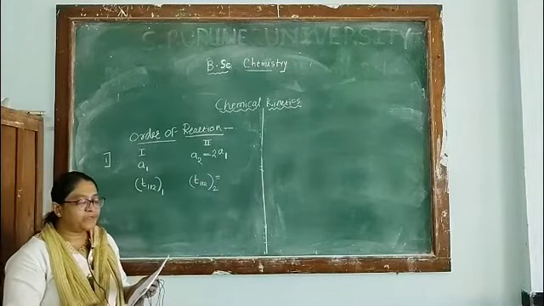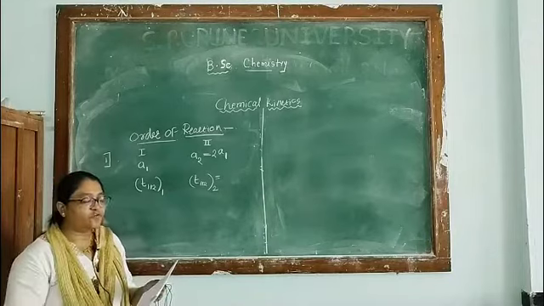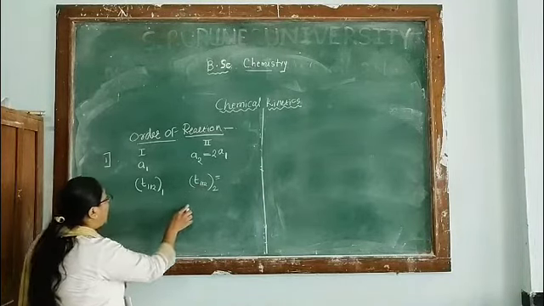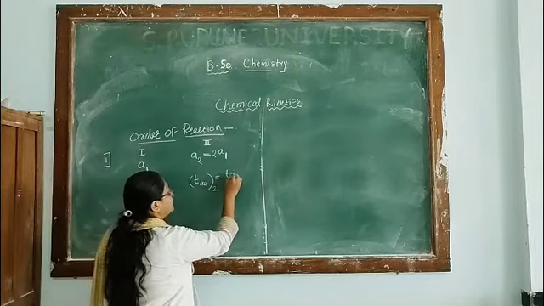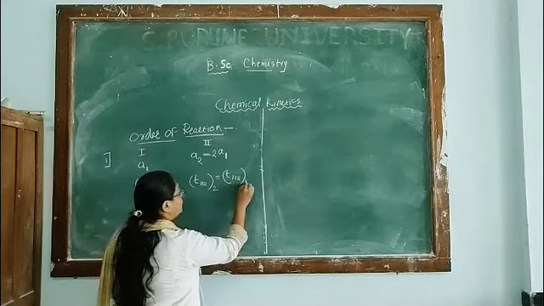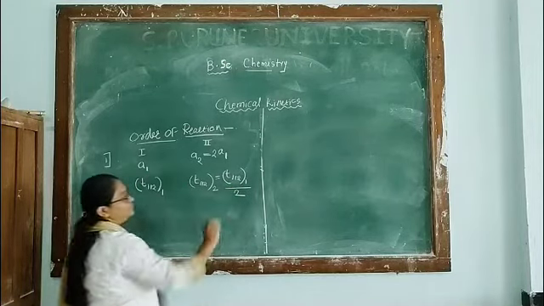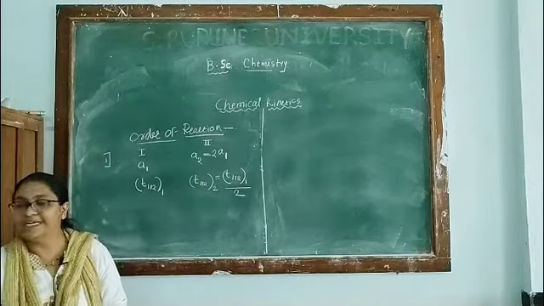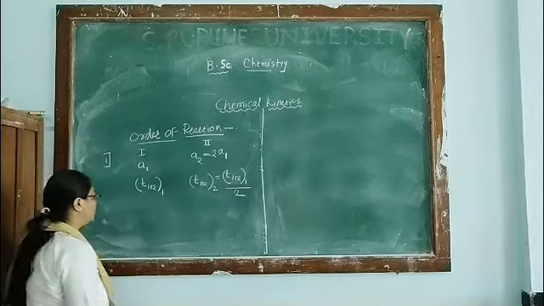The half-life period becomes half of the initial half-life. That means T half 2 is equal to T half 1 divided by 2. This is the condition given, and we have been asked to determine the order of reaction.